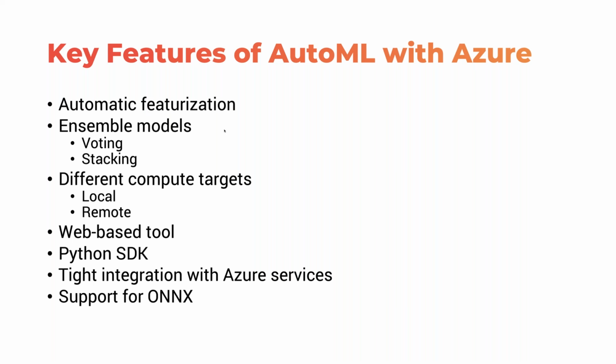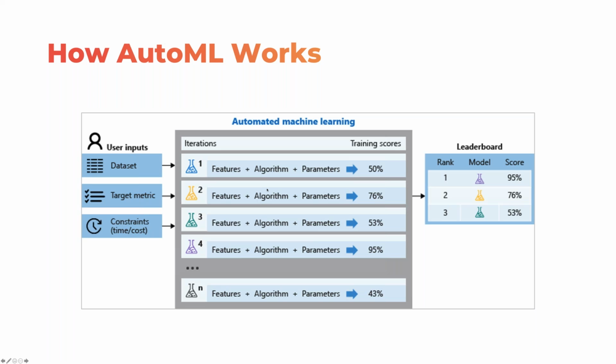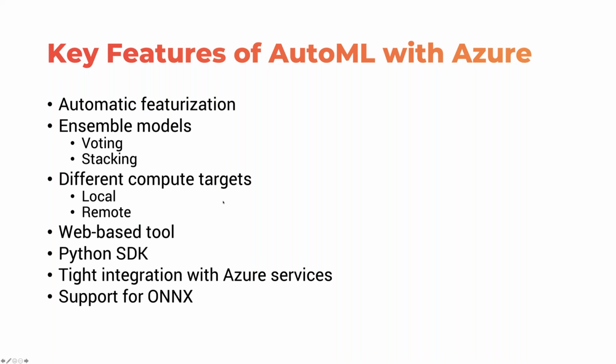And then there is a concept called ensemble models, where multiple algorithms and multiple parameters are being used. And then to the outcome of this, another machine learning model gets applied to handpick the best possible model from that. And Azure AutoML supports two techniques for the ensemble model.